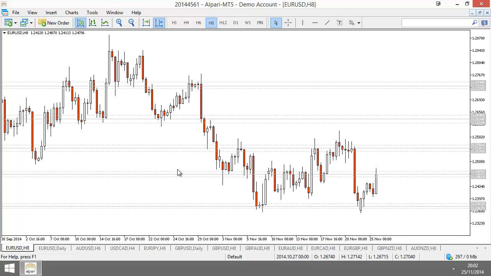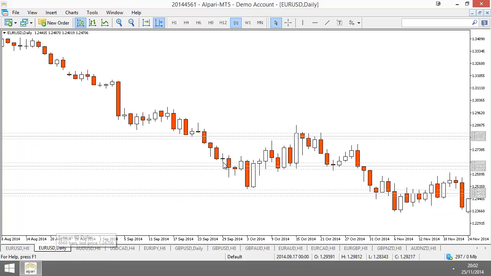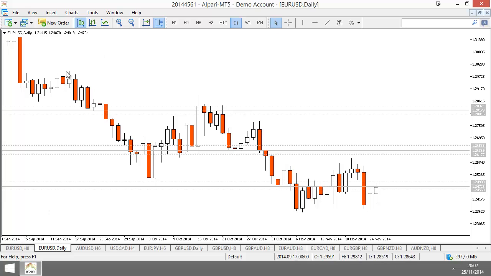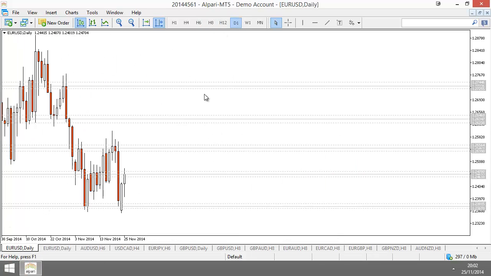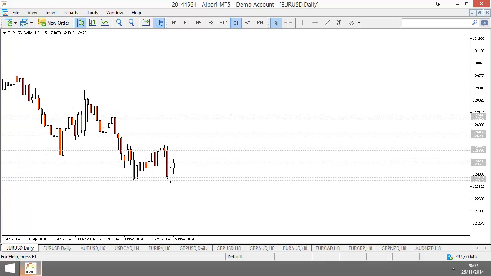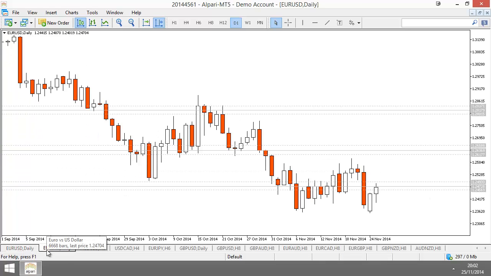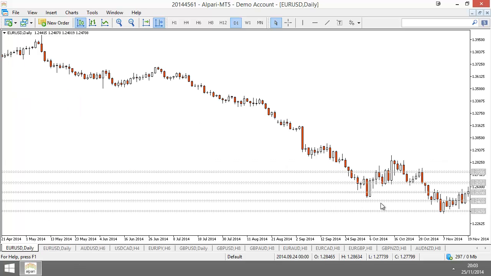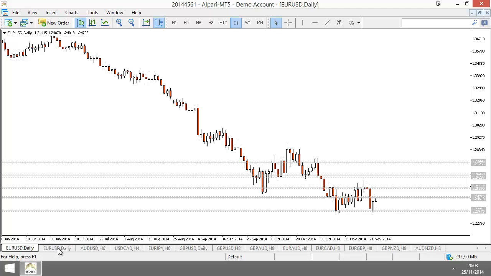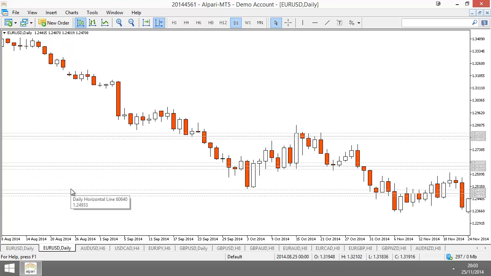My support resistance areas are slightly different on the daily than they are on the 8 hour, for example, for Euro USD. This is simply because on the daily, some of the smaller support resistance areas on Euro USD, you don't need them because they're just not as significant on the larger time frames. So when you start getting up to daily, you may want to place different support resistance areas.